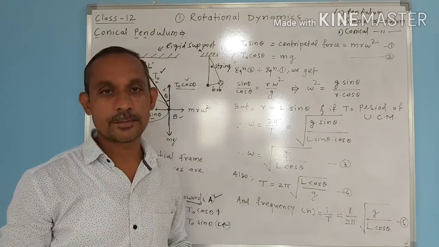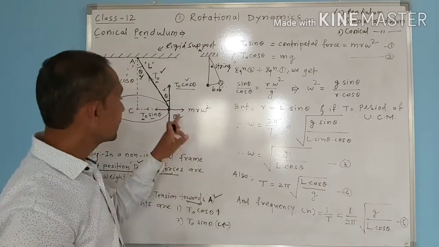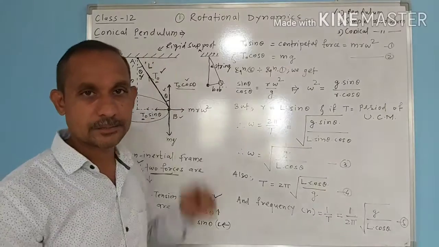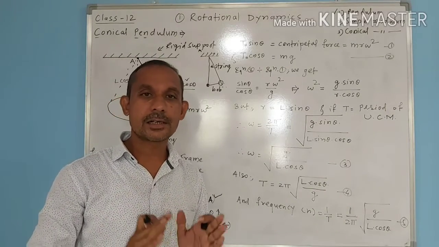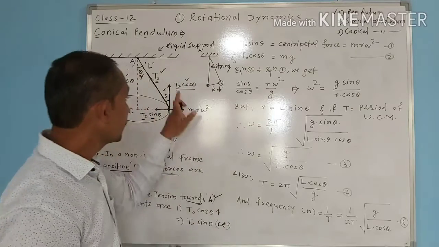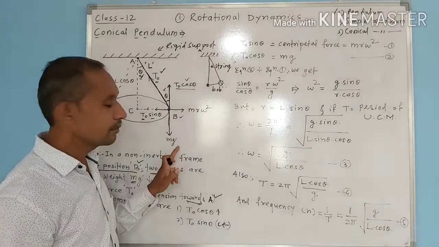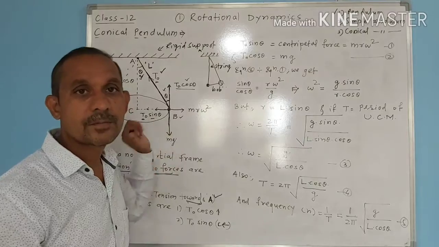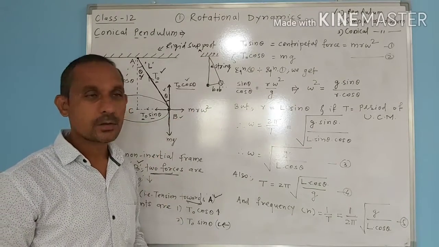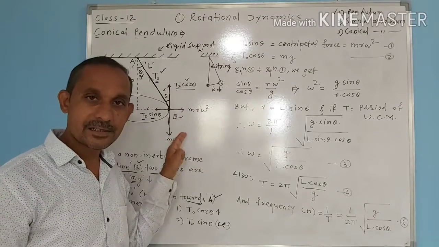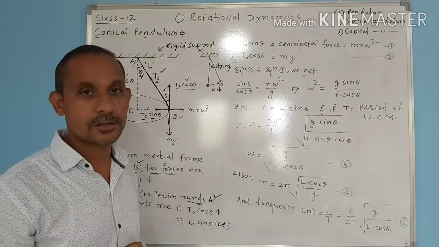Both are opposite. But there is no motion along the vertical direction. Its other meaning is that T0 cos theta exactly balances the weight force which is acting on the ball. So both cancel each other, means both balance each other.